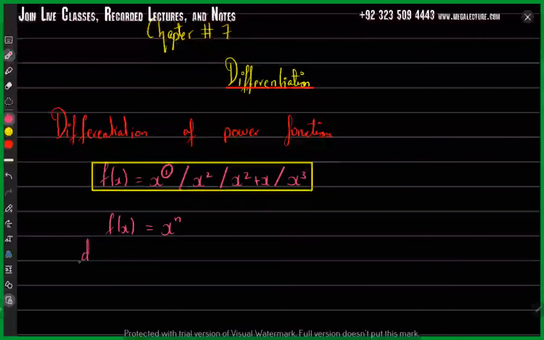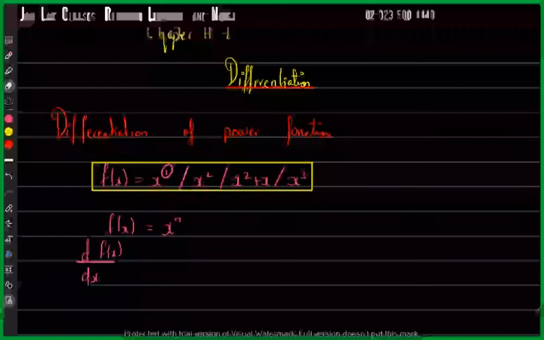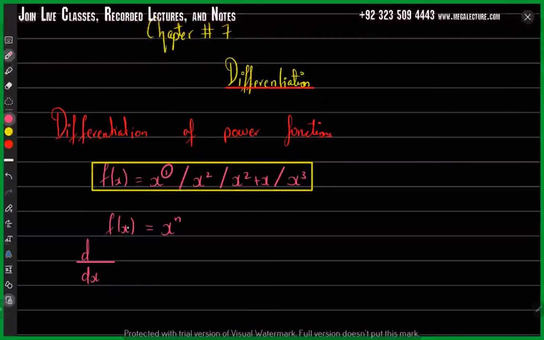So I will write it down this way: d divided by dx. And here I need to write down f of x, right? This would mean the differentiation of f of x with respect to x, okay? Or instead of this, I can write the function directly which I am differentiating, or I can even write it this way.